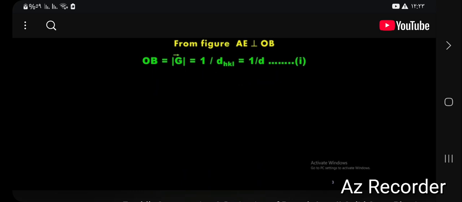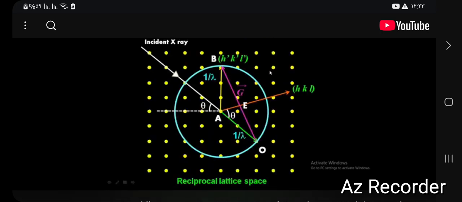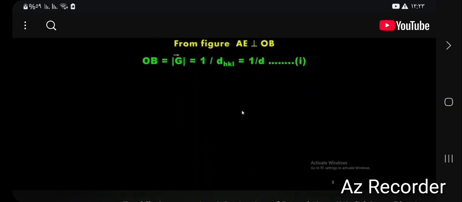But we know, just see the figure, that AE is perpendicular and also bisects OB into two equal parts. So AE is the perpendicular bisector of OB. It bisects OB into two equal parts, so EO equals EB, that is half of OB.